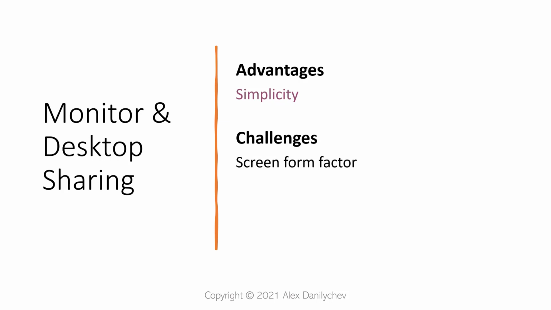The first one is actually screen form factor. If we do have a nice landscape monitor, it will not be very conducive to display it on the traditional 4x3 monitors that our audience might have. Another common complaint is monitor resolution.